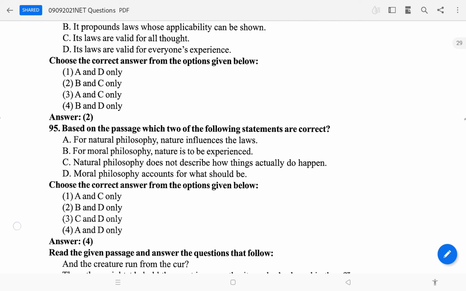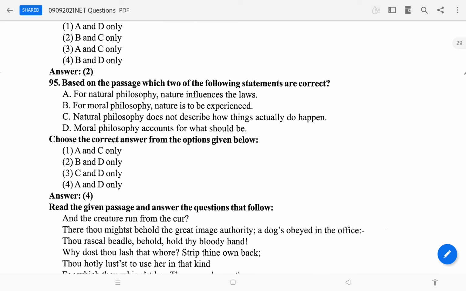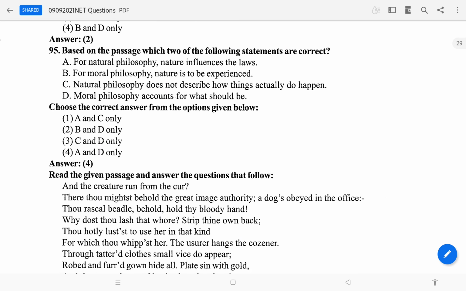Then question number 95. Based on the passage, which of the following statements are correct? And the answer will be A and D. For natural philosophy, nature influences the laws, and moral philosophy accounts for what we should be.